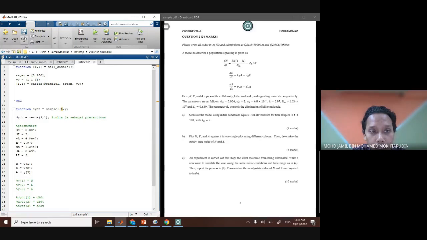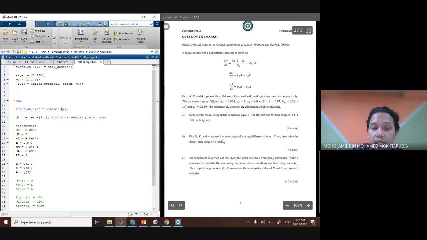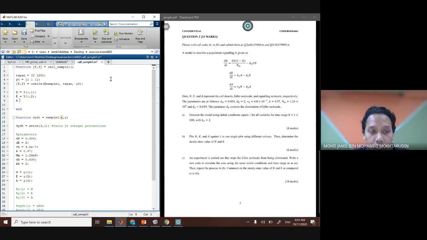Okay, after that, question B says plot N, E, and A against time in one single plot using different colors. Okay, kita plot dulu. Okay, sebelum plot kita asingkan Y dulu. Okay, so N equals Y first column, E equals Y the second column, and lastly, A equals Y, the third column.